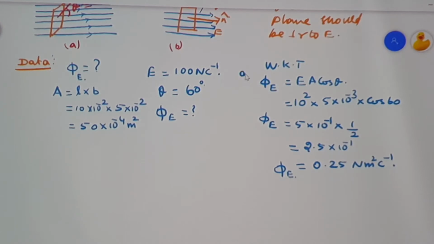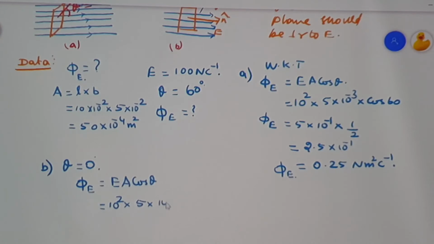Let us consider this as A. What is the electrical flux for the second case? For the second case, theta equal to 0 degree. If so, again, flux phi E is equal to E into A into cos theta. What is E? It is 10 to the power of 2.